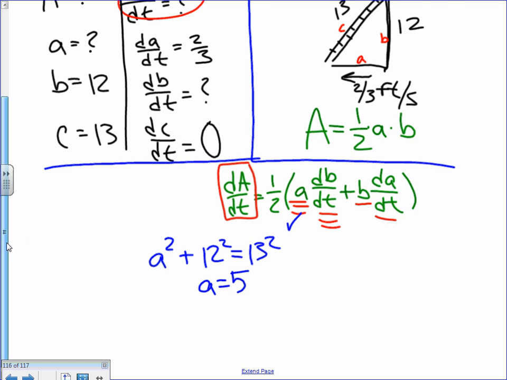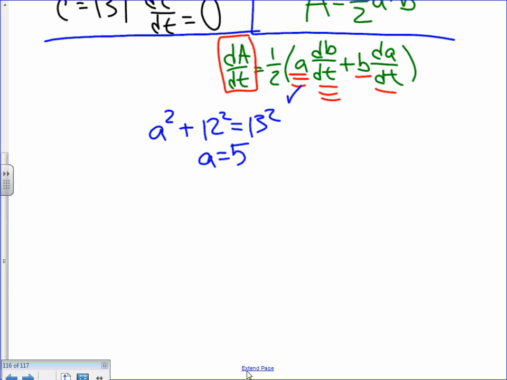I'm going to use this Pythagorean equation again to get dB/dt. So it's a squared plus b squared equals c squared.